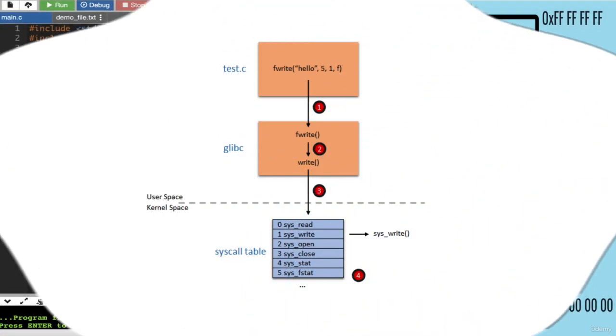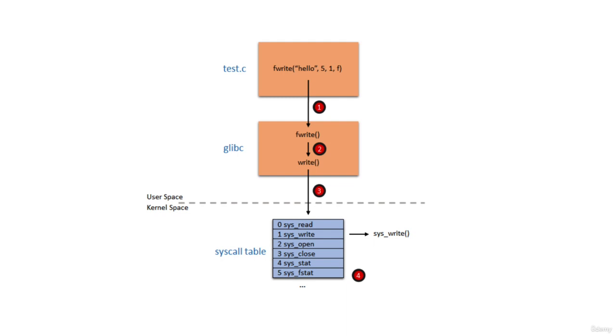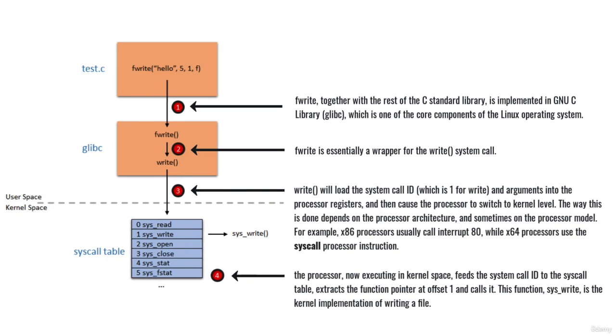Another example, using a diagram this time, is fwrite. The following diagram shows the sequence of steps involved in calling one of the basic functions of the C standard library, which is fwrite. But note, this is simplified a bit for clarity. So here are the steps that the process involves.